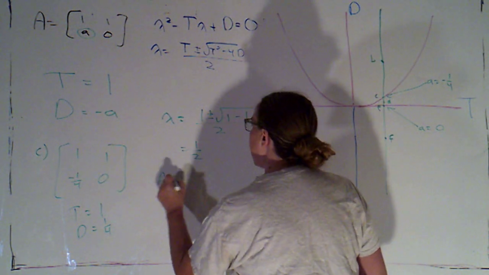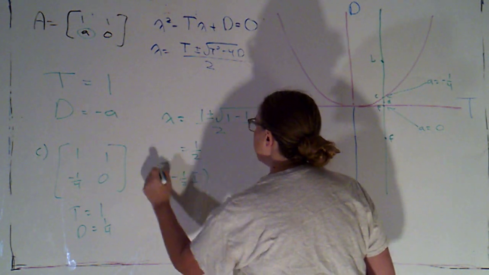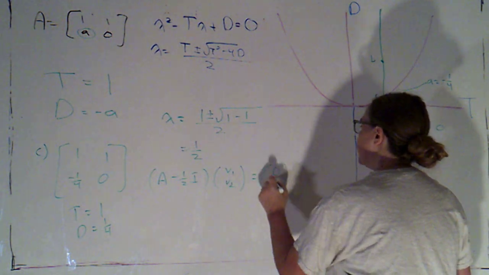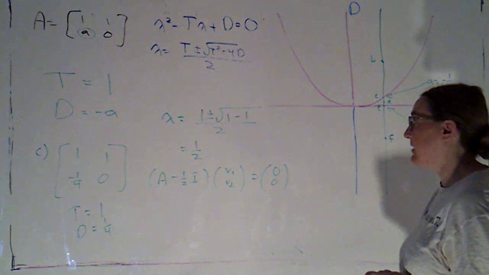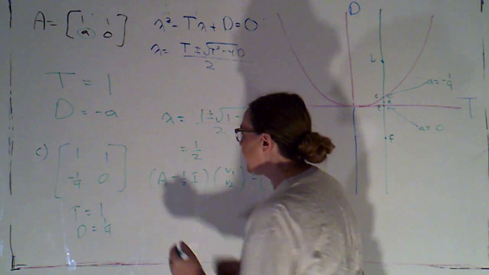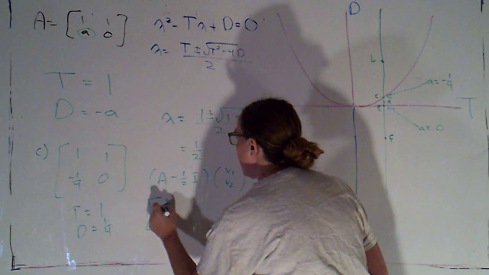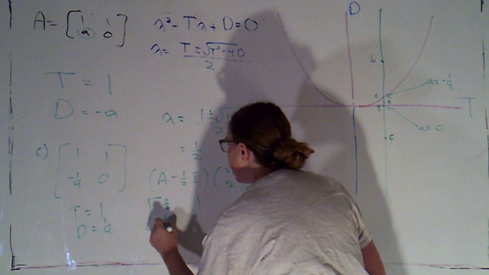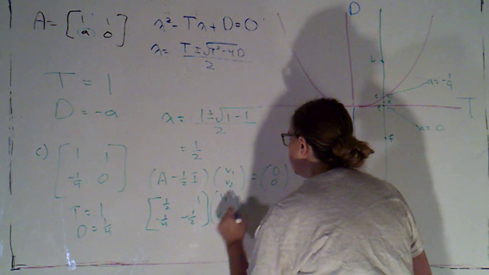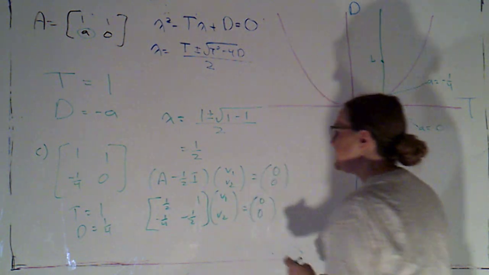So I'm going to look at A minus 1/2 I times v1, v2 has to equal 0, 0, so that I can get myself an eigenvector. So I'm subtracting 1/2 from the main diagonal, so I'll get 1/2, 1, negative 1/4, negative 1/2, v1, v2 equals 0, 0.